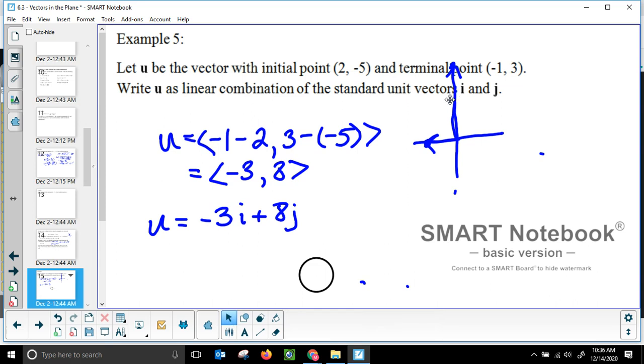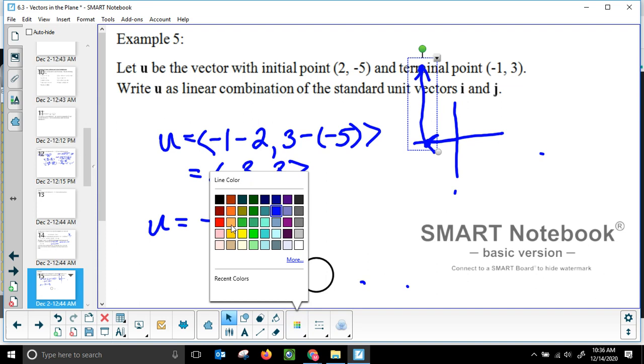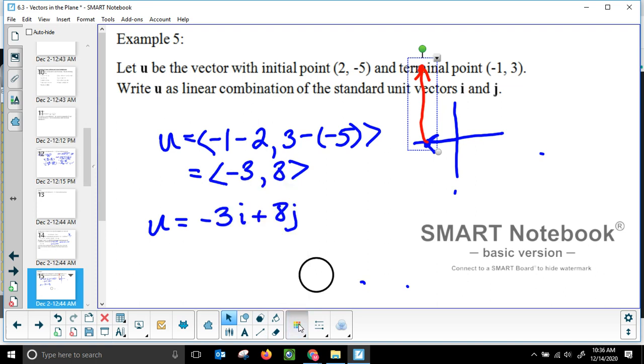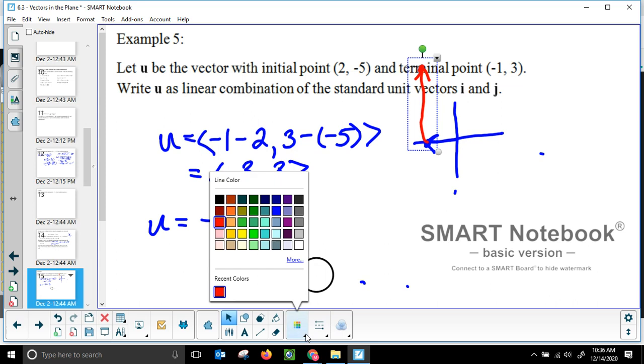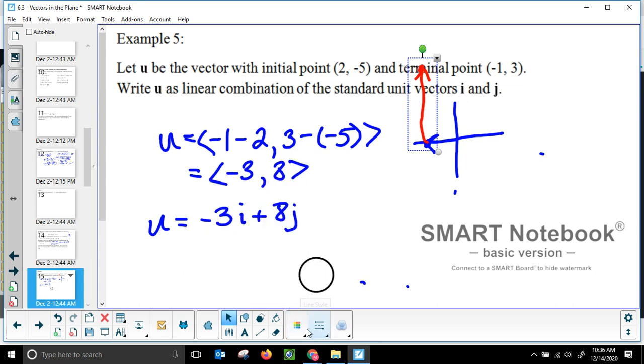All right. If I took either one of these, it wouldn't really matter, and move it and put it at the tip of the other one, all right, then when I want to draw and I connect these.